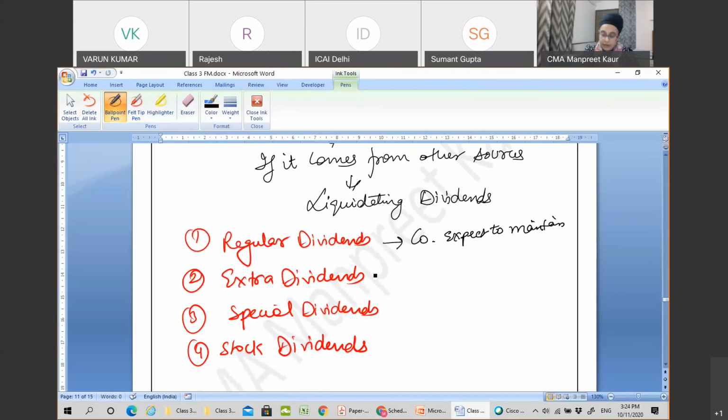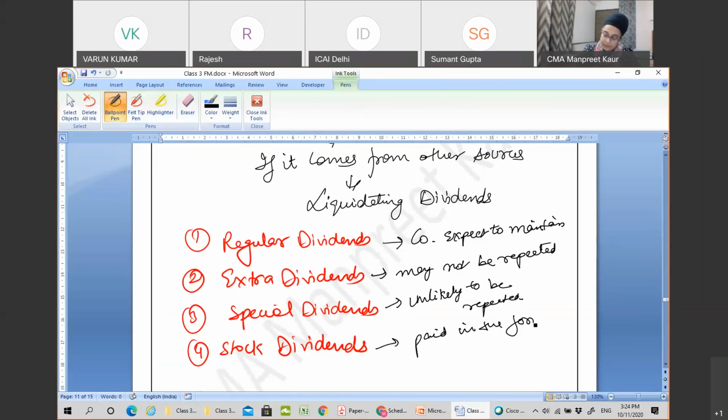What is an extra dividend? It may not be repeated. What is a special dividend? It is unlikely to be repeated. It is given on special occasions or special transactions. What is a stock dividend? It is paid in the form of shares. These are the types of dividends.